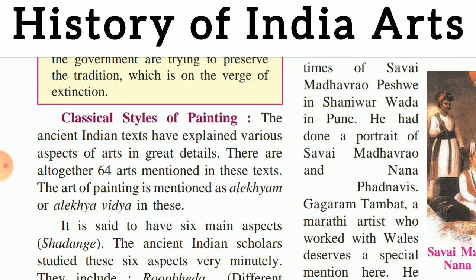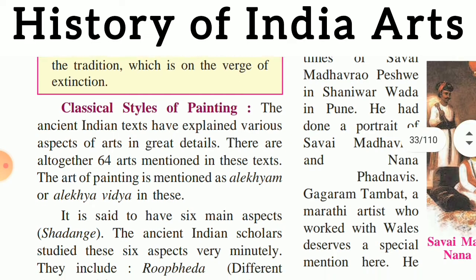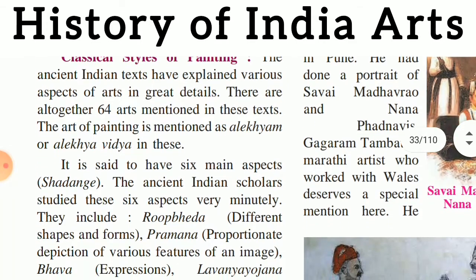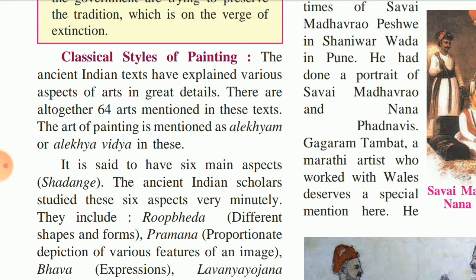Classical style of painting. The ancient Indian texts have explained various aspects of arts in great detail. There are altogether 64 arts mentioned in this text.